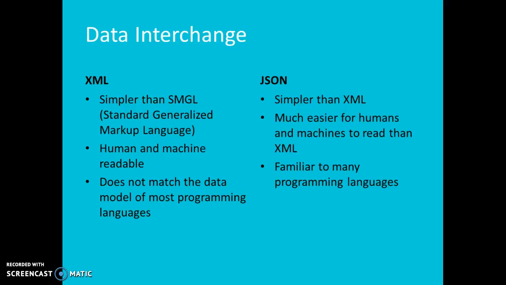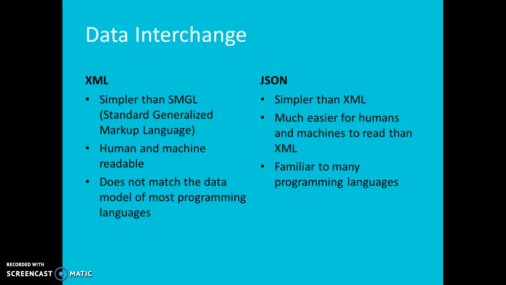So something to know about XML is it is simpler than SGML, or Standard Generalized Markup Language, whereas JSON is simpler than XML. XML is human and machine readable, whereas JSON is much easier for humans and machines to read than XML.